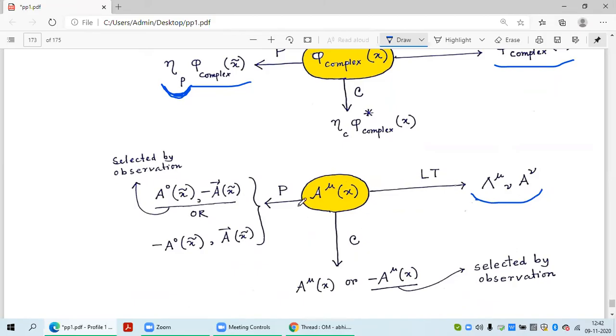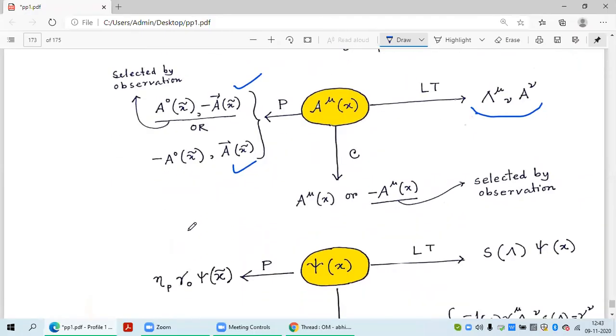Under parity, we have seen that it may transform like this or like this. We will later see that some observations will select this one, but let's not talk about this for the time being. Also, the mu field under charge conjugation, you can in principle take it to transform this way or this way, where this one is selected by observation.